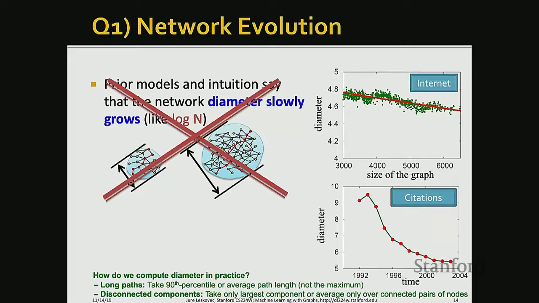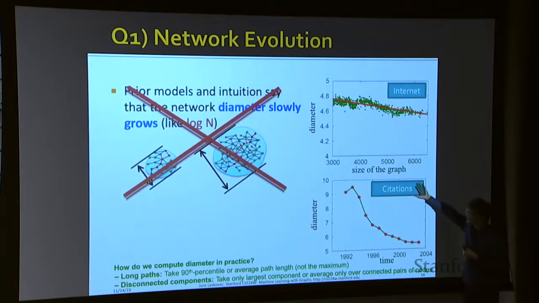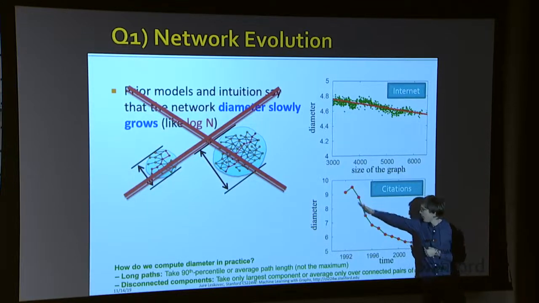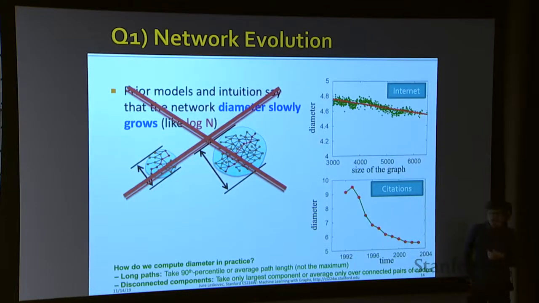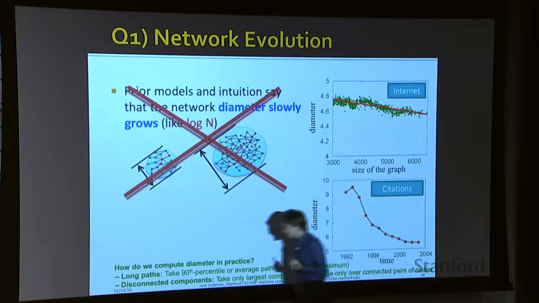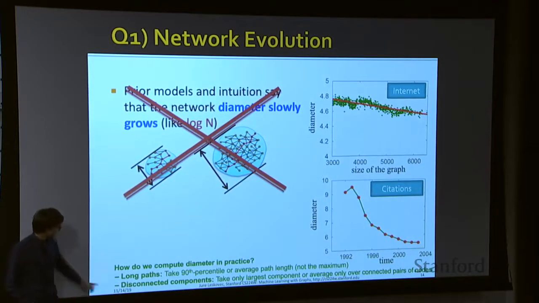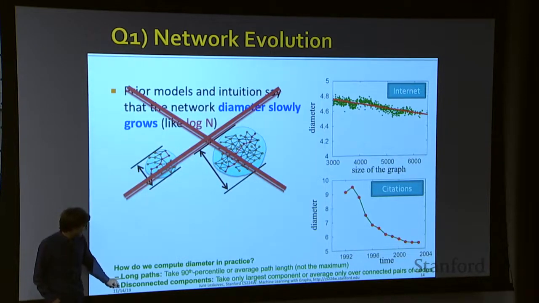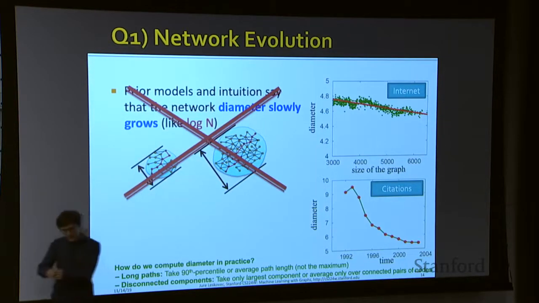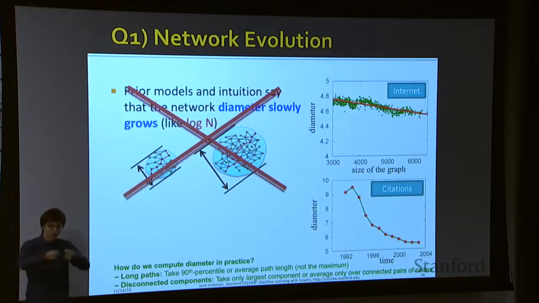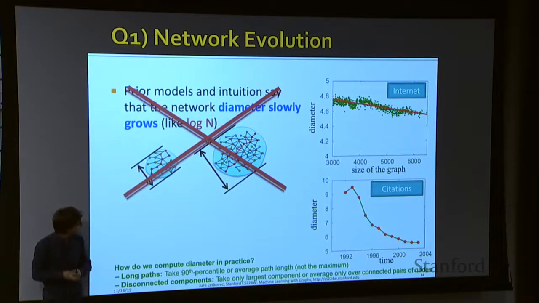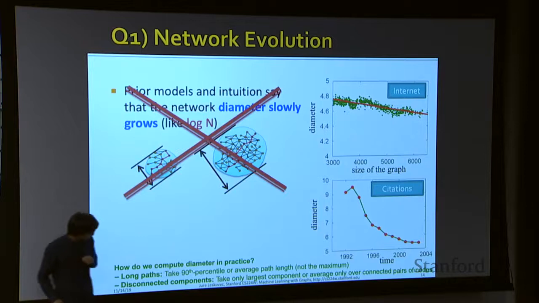If you measure the diameter over time, what you find is it's actually shrinking over time, right? This is, again, the same internet graph, and this is the citation network. And you see how it's shrinking over time. Now, of course, you will say, how exactly do you do this in practice? There are two things. One is that you wouldn't take the diameter as the longest shortest path, but you would take the average or something that is more robust. I think here we took the 90th percentile.